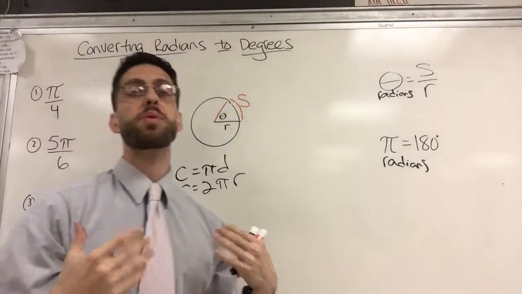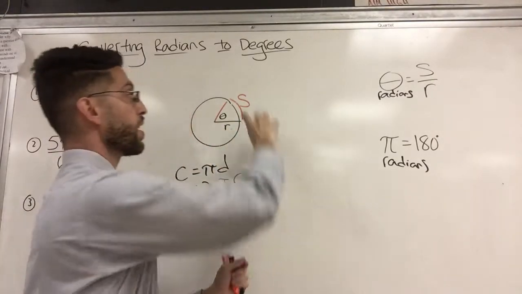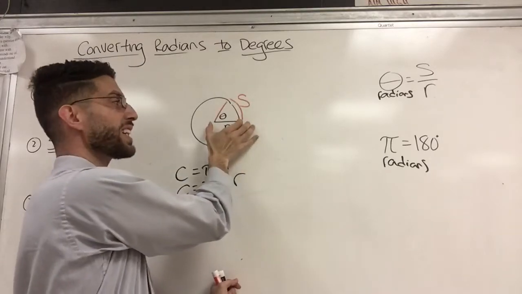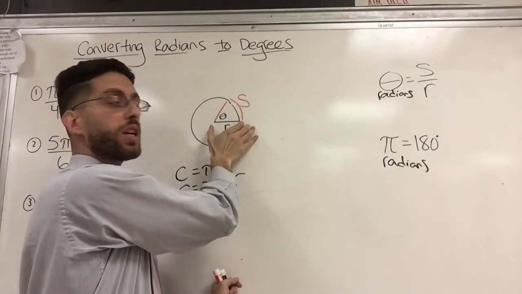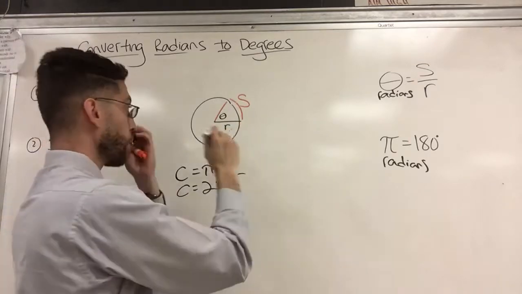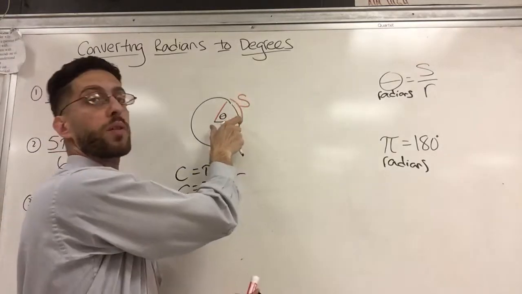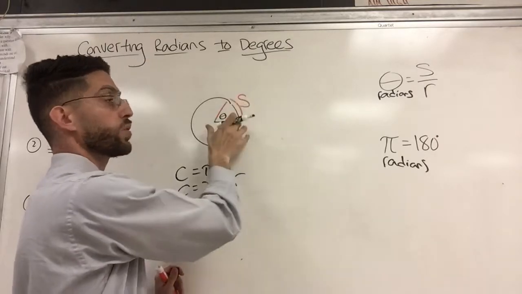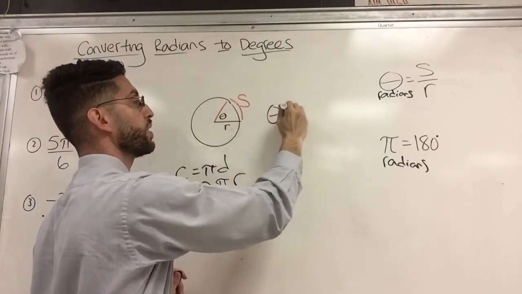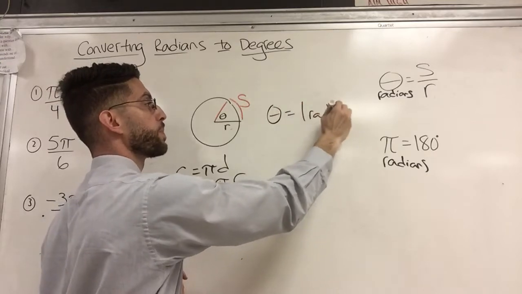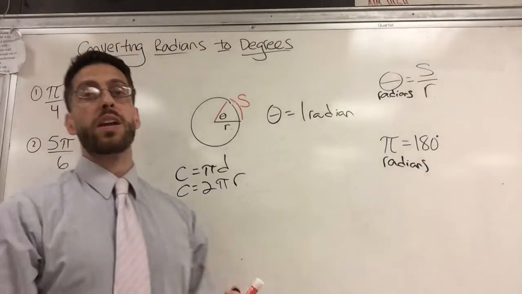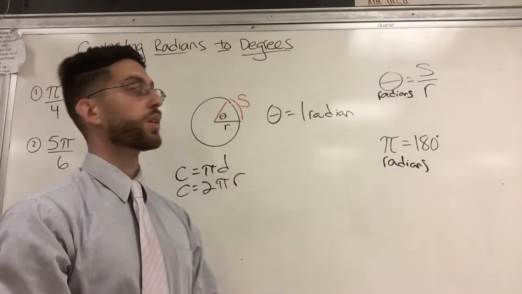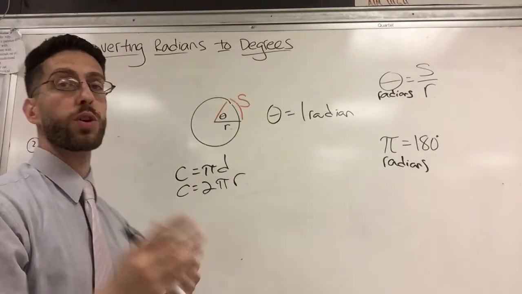So if it happens to work out that the arc length is exactly equal to the radius, then whatever this number is divided by whatever that number is would be 1. So whenever the arc length is equal to the radius, then you have theta equal to 1 radian. That occurs at something very similar to this diagram here. Now, what does that mean for you?